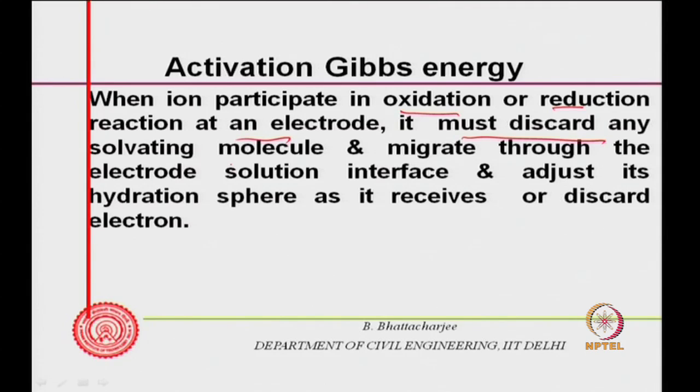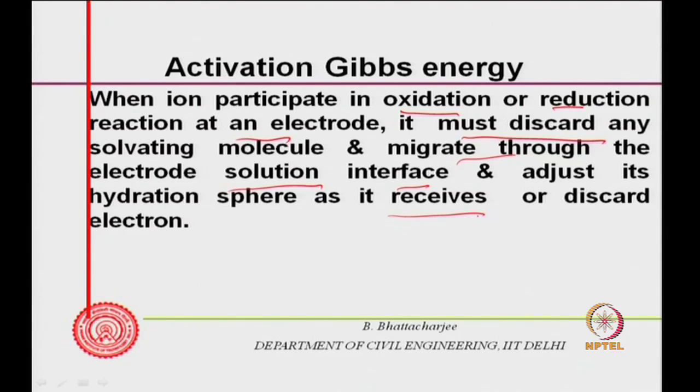So, if it was associated with some molecule, it must get out of it and migrate through the electrode solution interface and adjust its hydration sphere as it receives or discards an electron. So, either it will discard an electron, supposing it is in metal, so the metal goes to the solution.